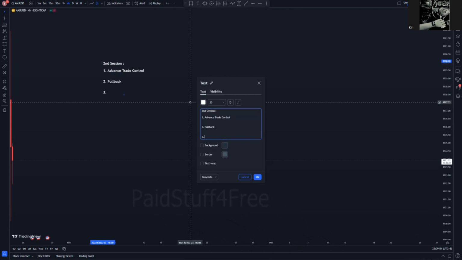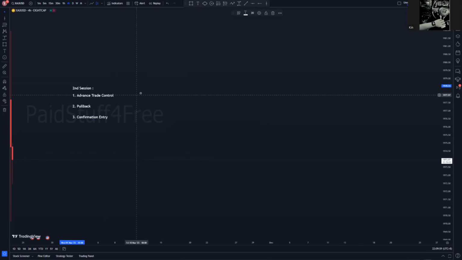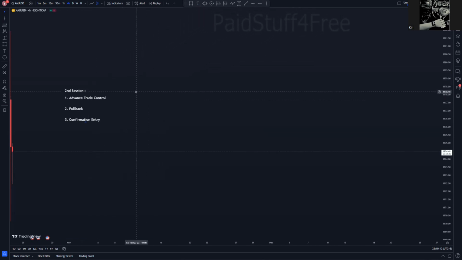And the third one, we're going to learn about the confirmation entry. All right. Number 1, number 2, number 3. These 3 topics are very, very important for us to play around with the chart, like take a buy, take a sell, something like that. So let's start with the first one, which is the advanced trade control.